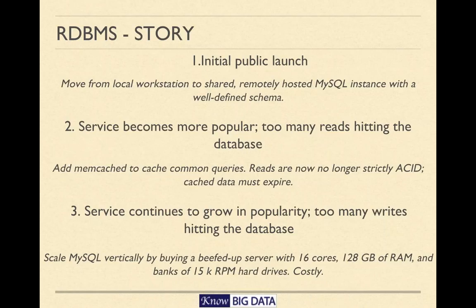And how do you do that generally? You use a tool called memcached. Memcached is itself a data store in which you can put keys and values in a complex format.